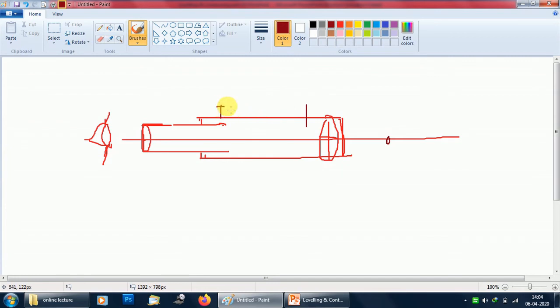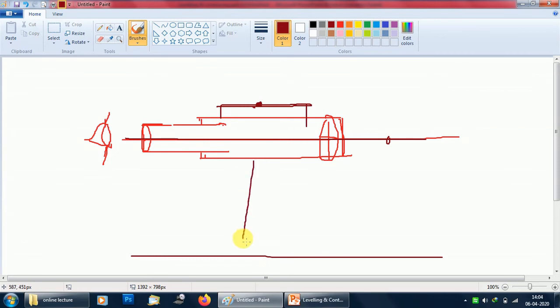the bubble tube is installed. So when the bubble comes to the middle, definitely this line of sight becomes parallel to a line somewhere at the bottom, which is the datum line. So in this process we can say that the instrument is leveled with respect to the datum.